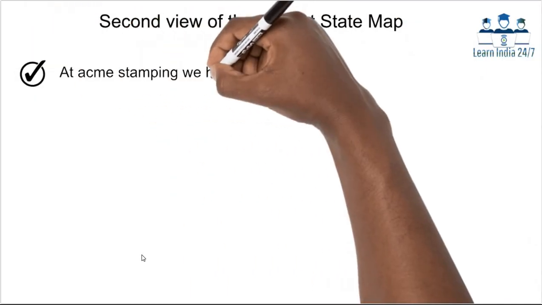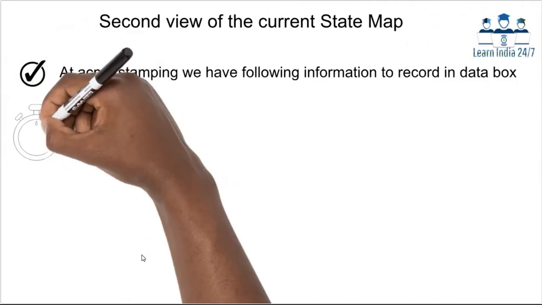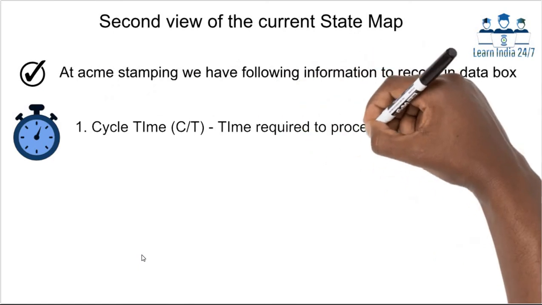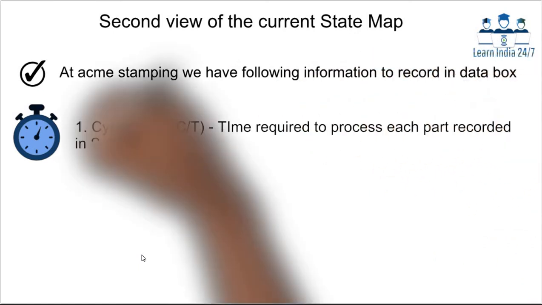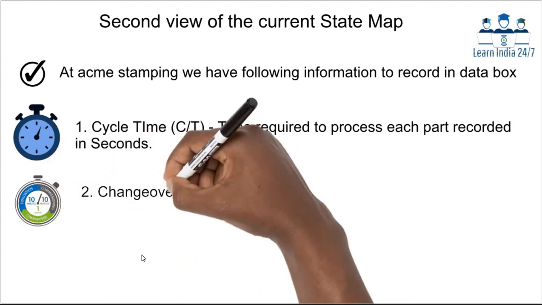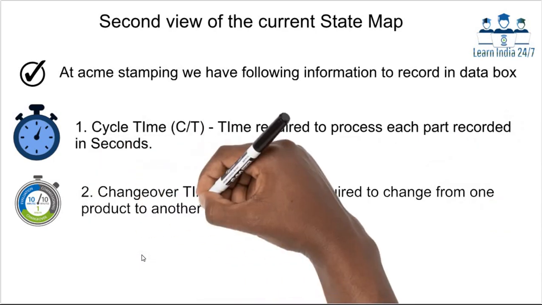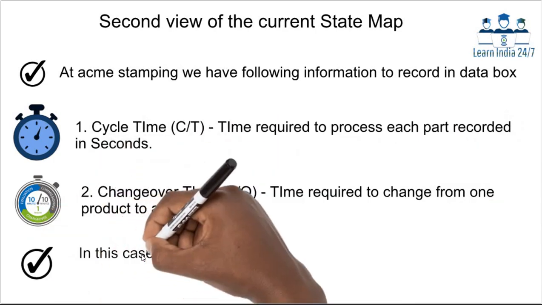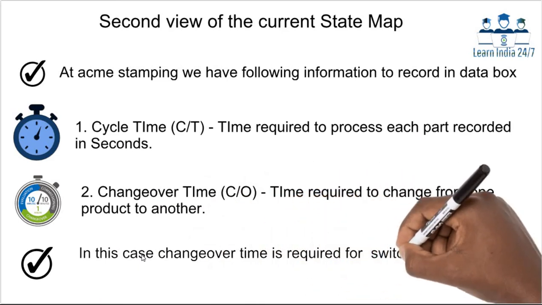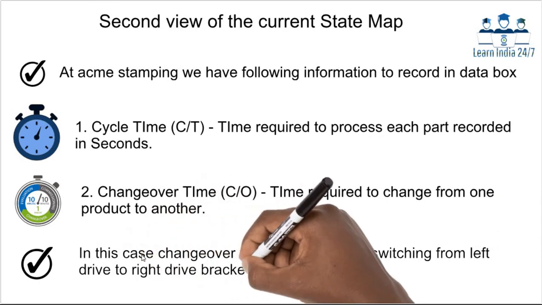Now let's understand the various process data collections at Acme stamping. Cycle time is the time required to process each part, recorded in seconds. Changeover time is the time required to change from one product to another. In this case of Acme stamping, changeover is required to change from left-hand drive bracket to right-hand.